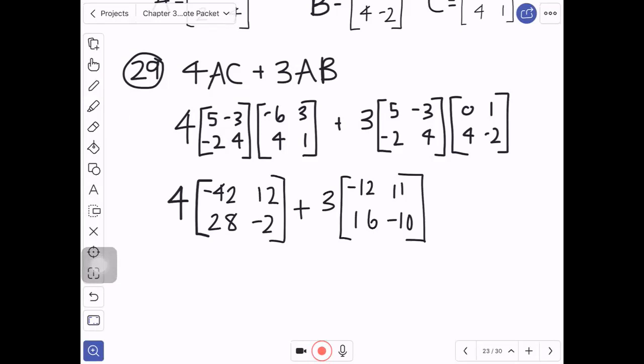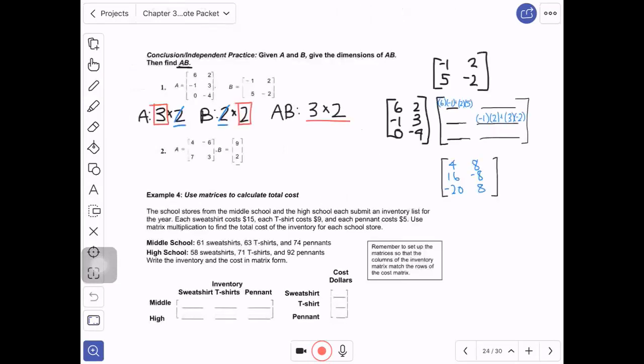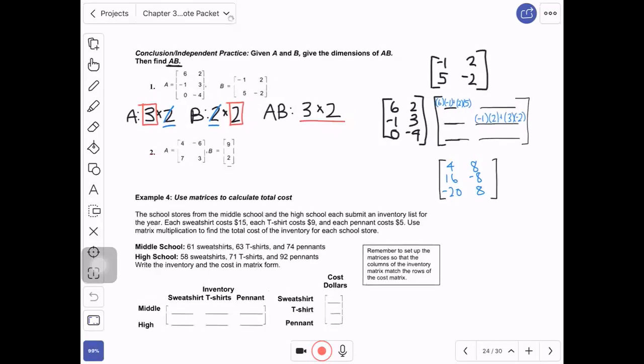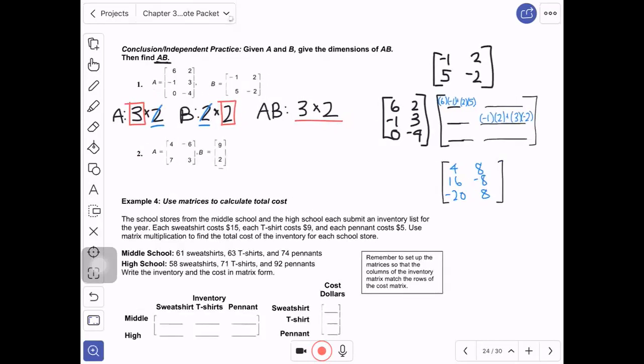Let's head over to your notes from Friday. We're going to finish that problem we didn't get to. And then we're also going to use our calculator. So take out your graphing calculator as well. We didn't get to finish this problem.